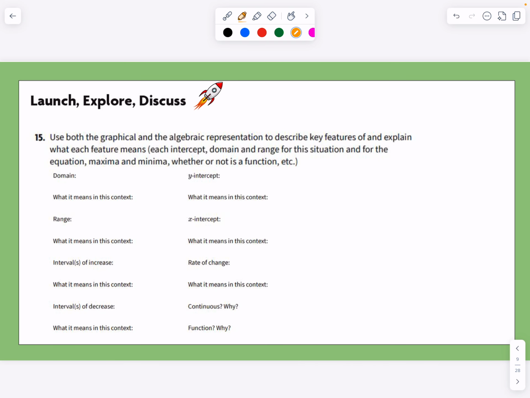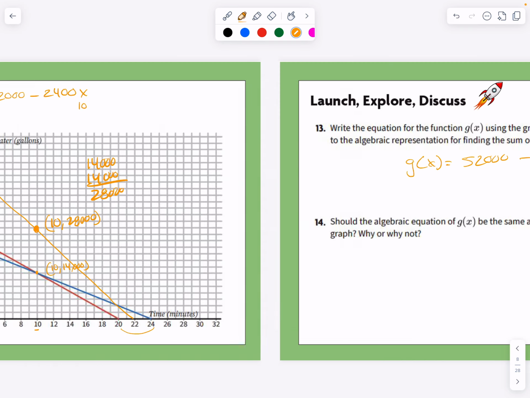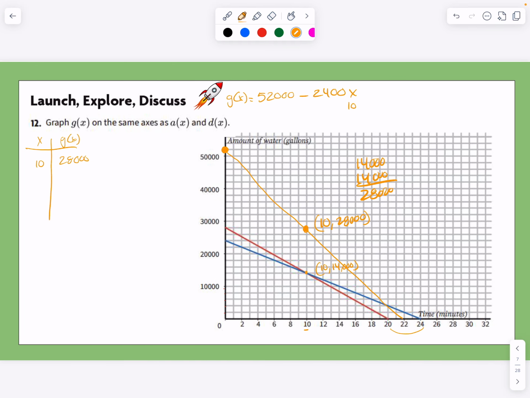Use both the graphical and algebraic representation to describe key features of and explain what each feature means, each intercept, domain, range for the situation. Okay, so it's really looking at the information we talked about. On this new one here, what's going to be our domain? When you look at here, the domain value is going to be where we started at, which we said was 0, and we're going all the way to somewhere over here.